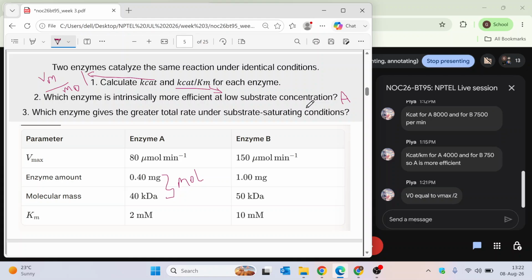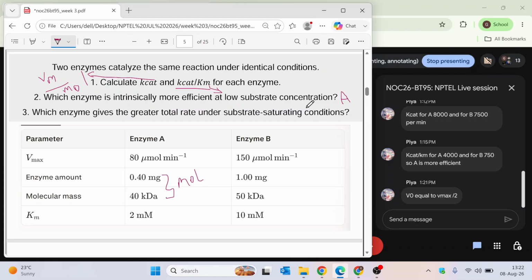It's just the same question put in a different wording. So first we saw substrate limiting conditions, which means enzyme A shows greater affinity to the substrate. So the implication you can get from such examples is that enzyme A has greater affinity to the substrate, whereas enzyme B is a very fast processing system.